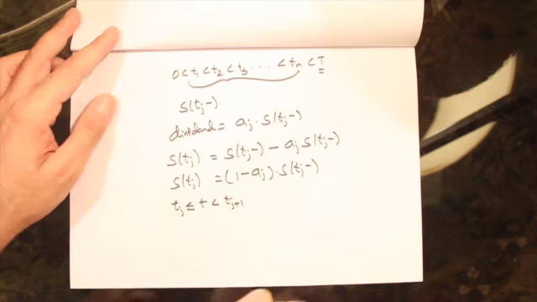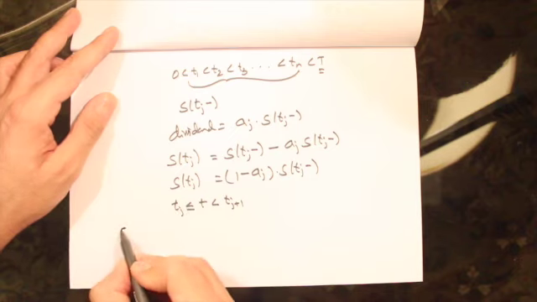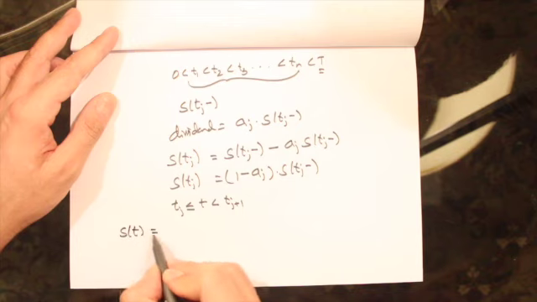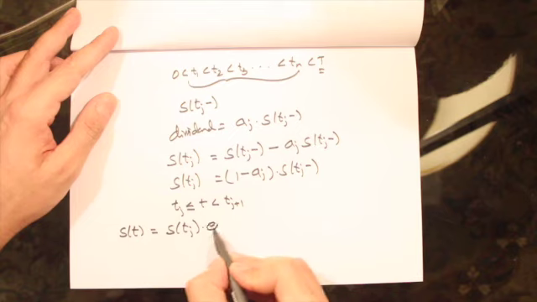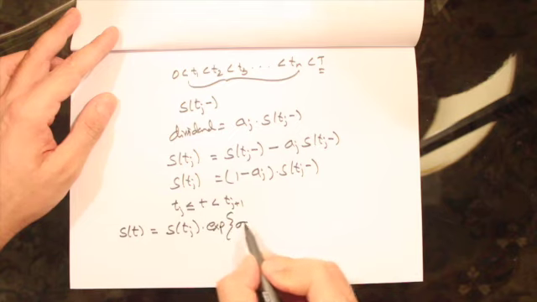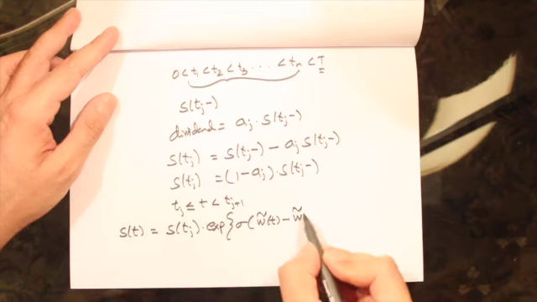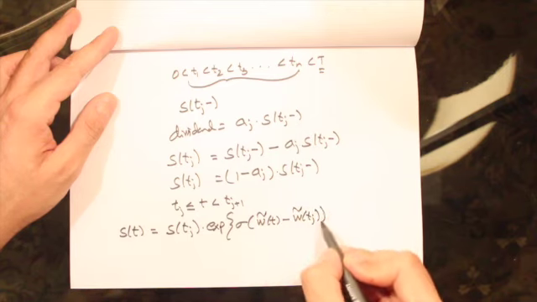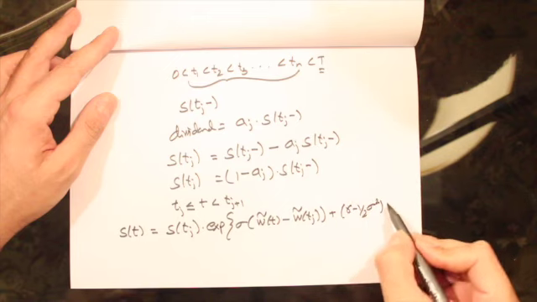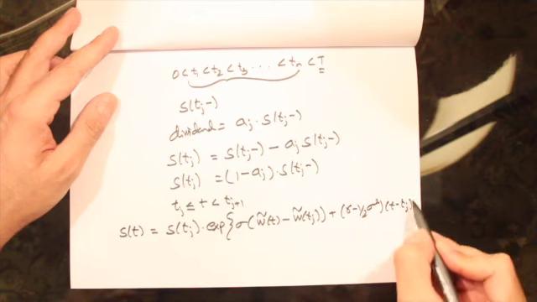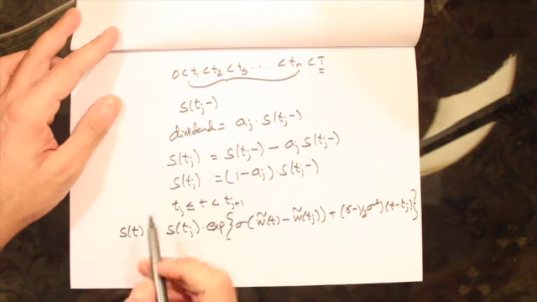Then we can write S of T is equal to S of Tj e to the power of sigma W tilde of T minus W tilde of Tj plus R minus half sigma square times T minus Tj. This comes from our geometric Brownian motion.